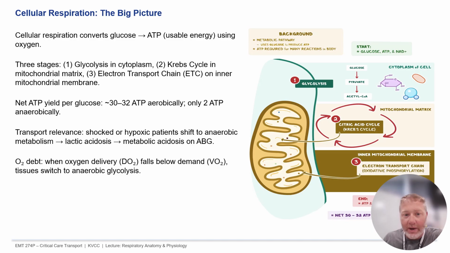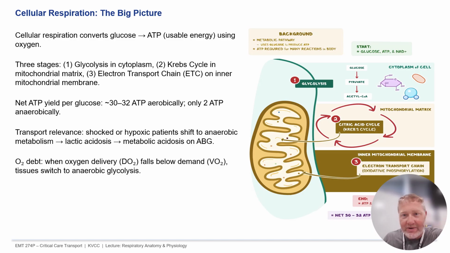The key takeaway is that when oxygen delivery fails, whether from hypoxia, anemia, inadequate cardiac output, or cellular poisoning, the Krebs cycle and the ETC shut down. The cell falls back on glycolysis alone, producing only 2 ATP per glucose instead of the 30 to 32 it normally would with proper oxygenation.